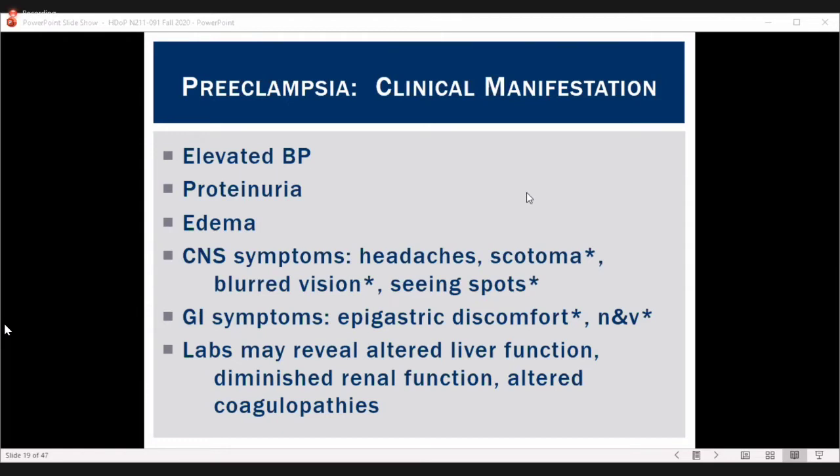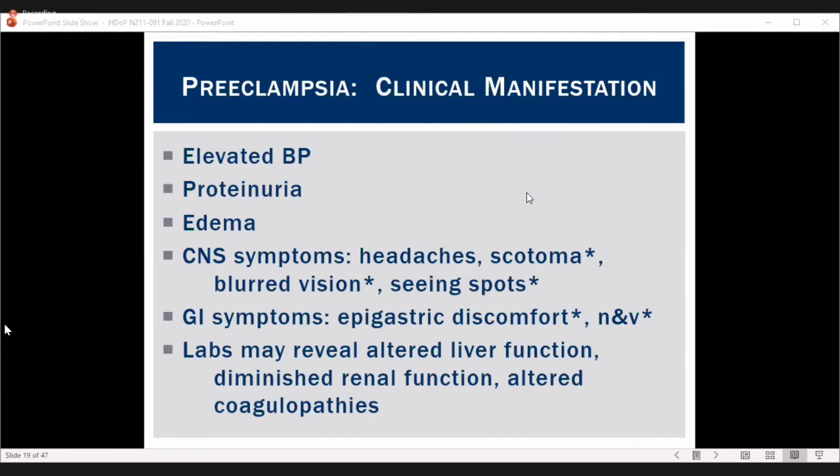So that is, if you look at the visual field, it becomes smaller. So a blurring, a darkening of the visual field. If this should be the visual field, part of it is darkened. Blurred vision, seeing spots. Those are all central nervous system symptoms.